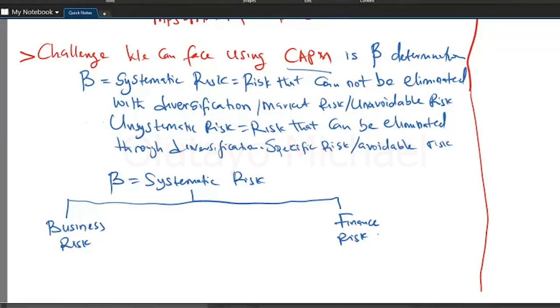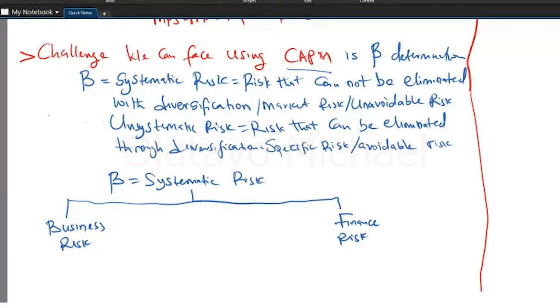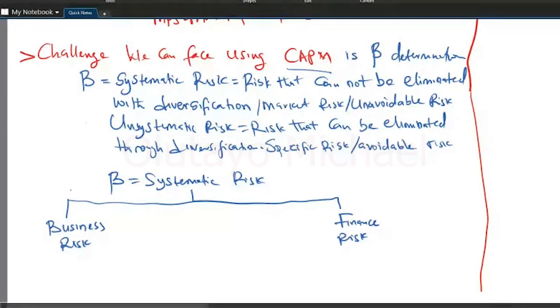So we are focusing on systematic risk, and it's related with business and finance risk. So when we say business risk, that is a risk that is inherent in the nature of a business. Business risk is a risk that is inherent in the nature of a business.